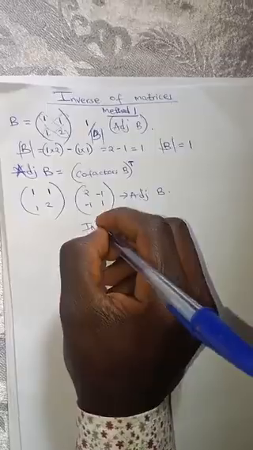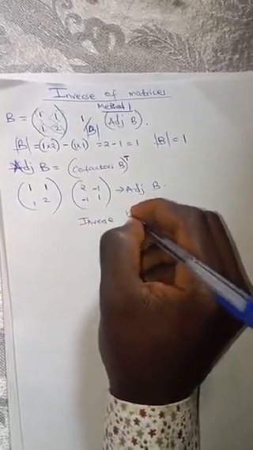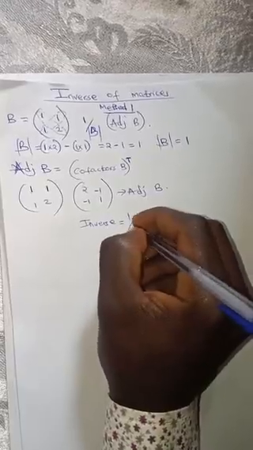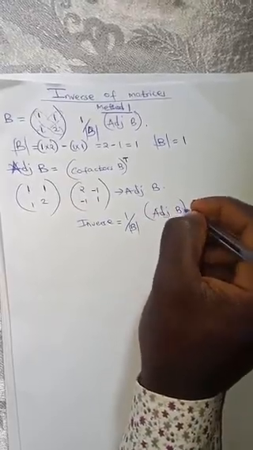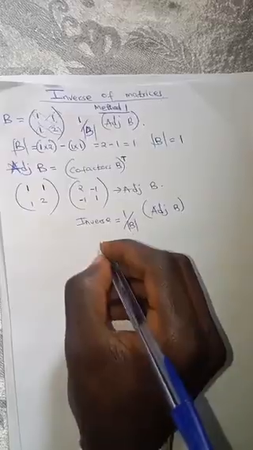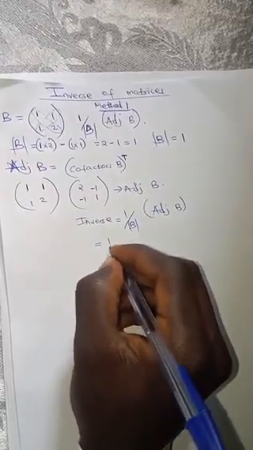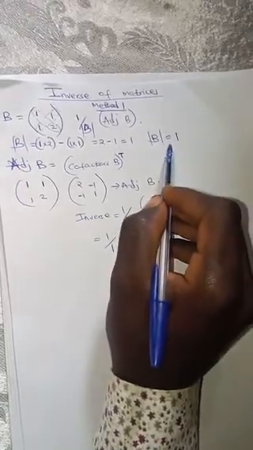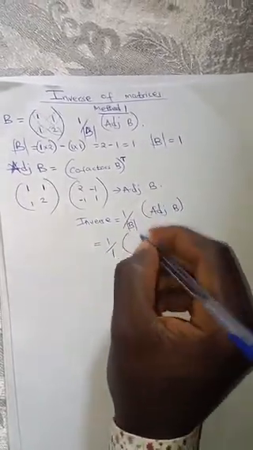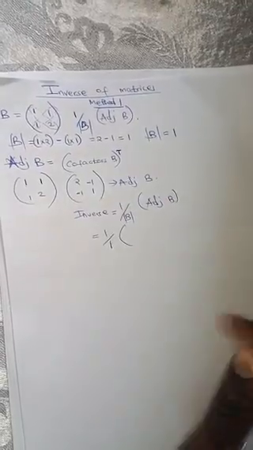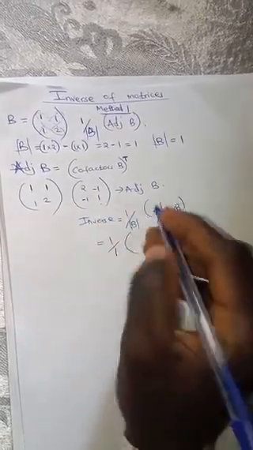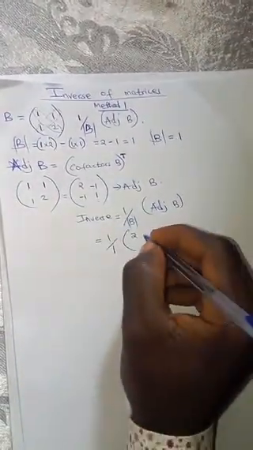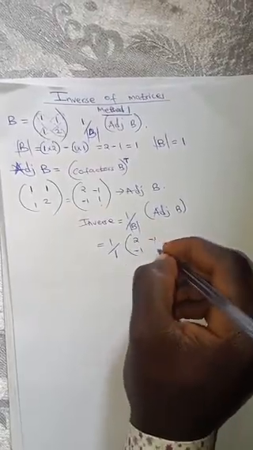The inverse, as we said, equals 1 over determinant B, multiplied by adjoint B. What is our determinant? 1 over 1. We found our determinant as 1. Then what is our adjoint? Adjoint B is the transpose of the cofactors, which is 2, -1, -1 and 1.